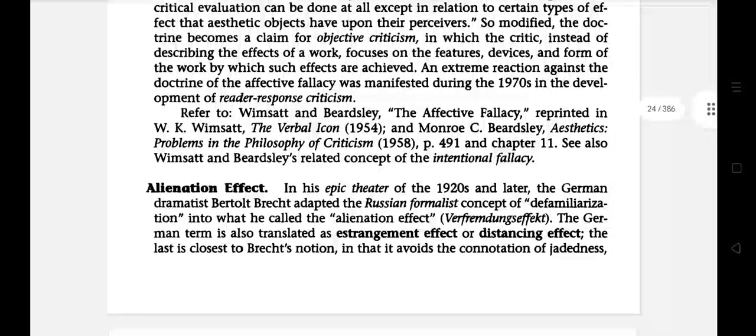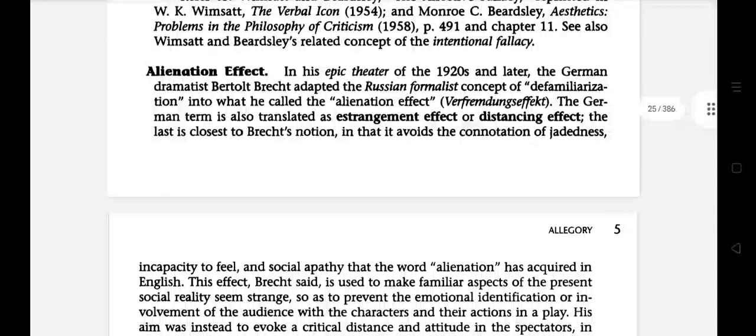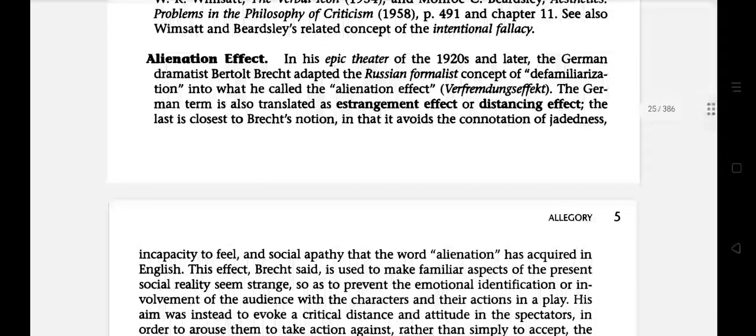And our next literary term is alienation effect. In his epic theater of the 1920s and later, the German dramatist Bertolt Brecht adapted the Russian formalistic concept of defamiliarization into what he called the alienation effect.